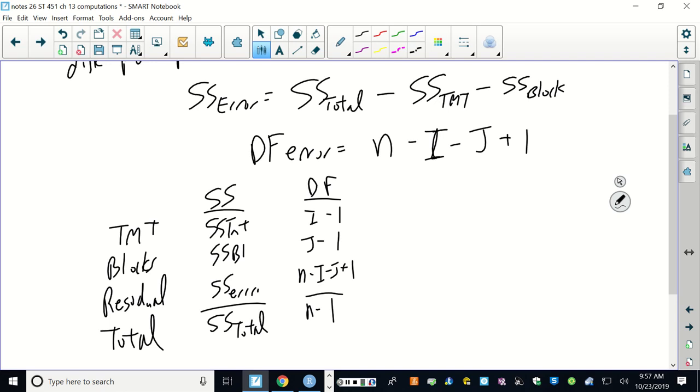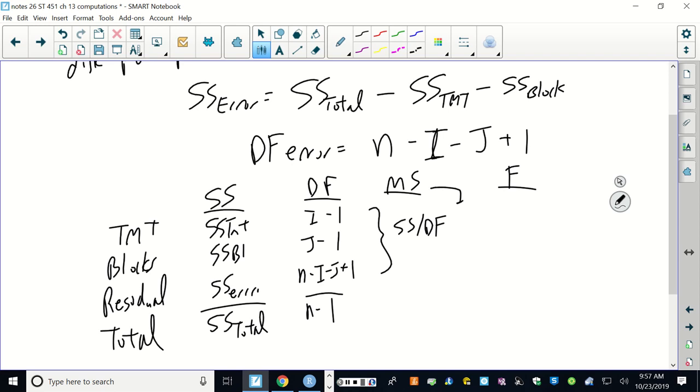And so then the mean squares are the sum of squares divided by their degrees of freedom in these three cases. And we can do two F statistics, where we can test is there an effect of treatments and is there an effect of blocks. Both of those are tested relative to the mean square error.